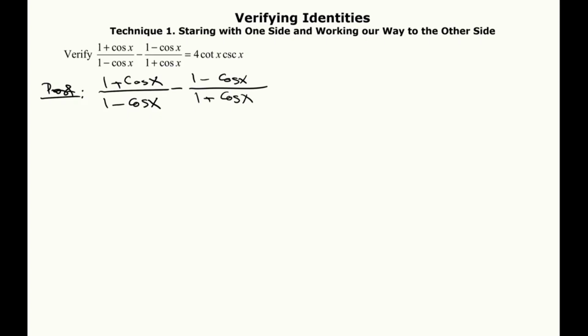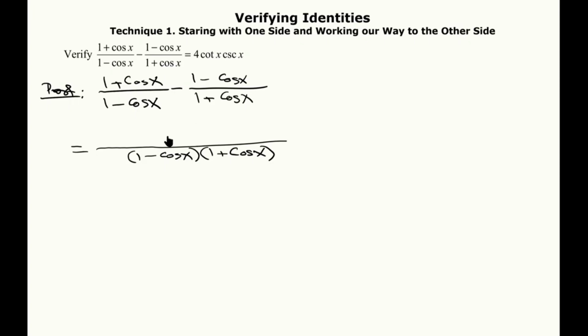Okay, so we have two fractions here, so the only thing that comes to my mind is, why don't I try to go ahead and combine those and see what happens. So that's what we'll go ahead and try to do. So we see that the common denominator is going to be 1 minus cosine x times 1 plus cosine x.